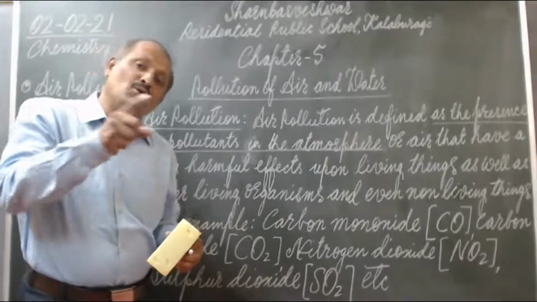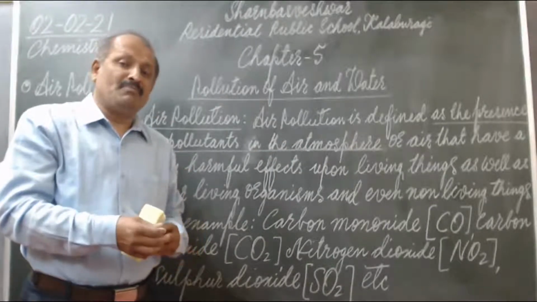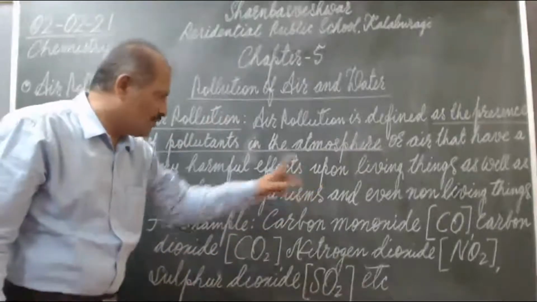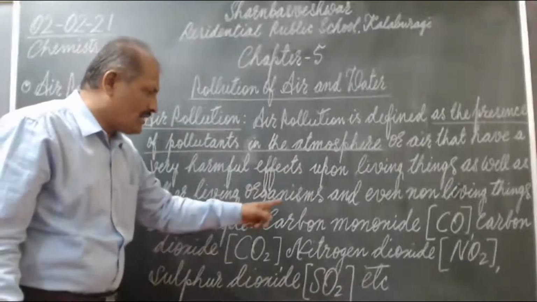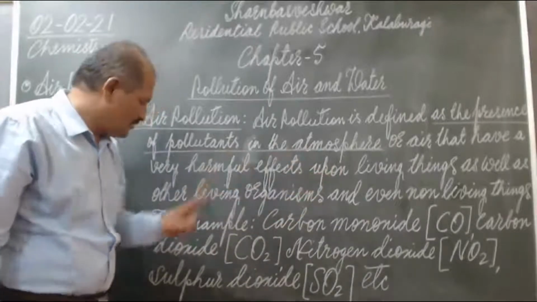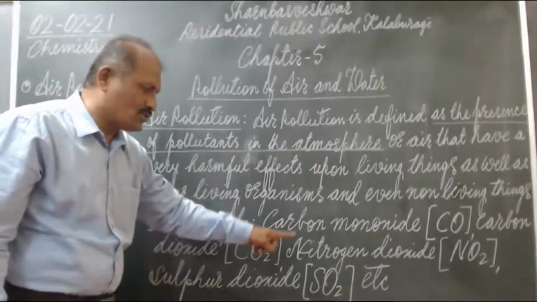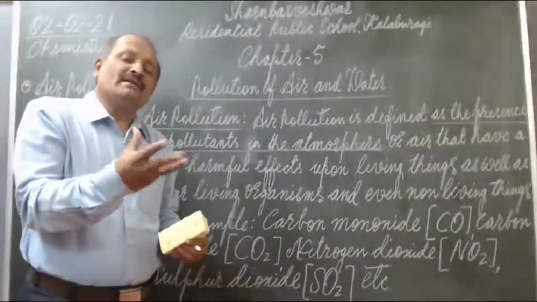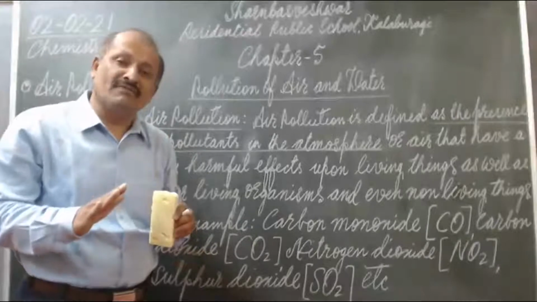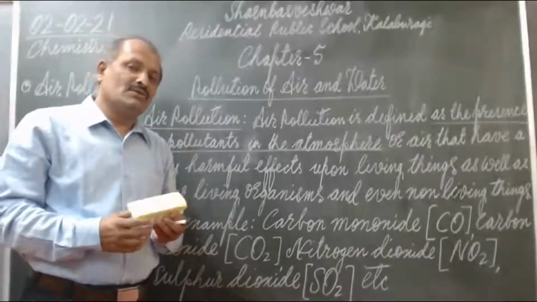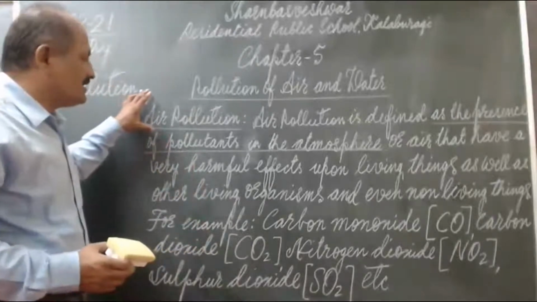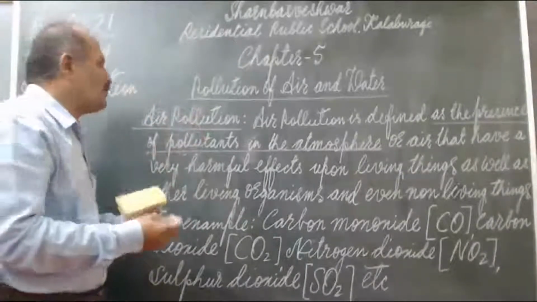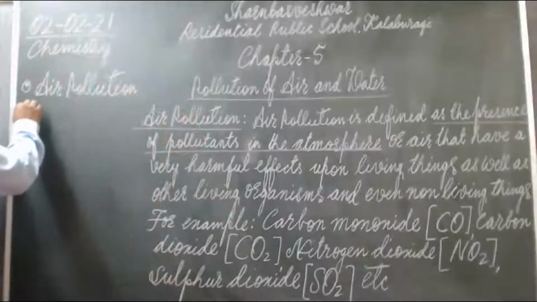Those pollutants may be carbon monoxide CO, carbon dioxide CO2, nitrogen dioxide NO2, and sulfur dioxide SO2, etc. So these gases pollute the air, therefore they are called pollutants of air. So this is all about the definition of air pollution. Now we shall take up the definition of water pollution.